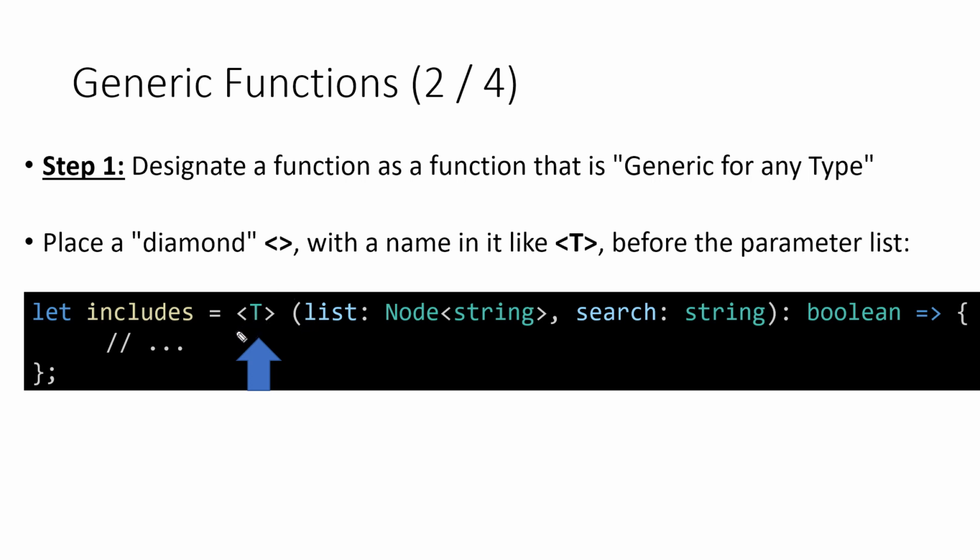And what we're saying here, as the very first step of transforming includes to be a generic function, is that includes is going to be generic for any type T. Now we're still going to have more work to do, but this is an important first step to say that, hey, programming language, this is going to be a generic function for any type T, right?